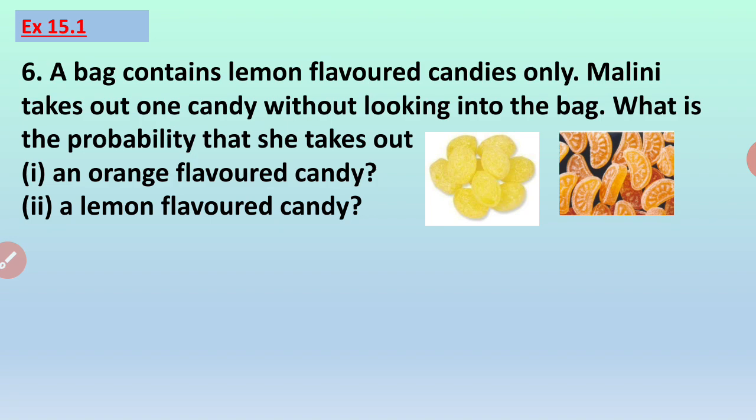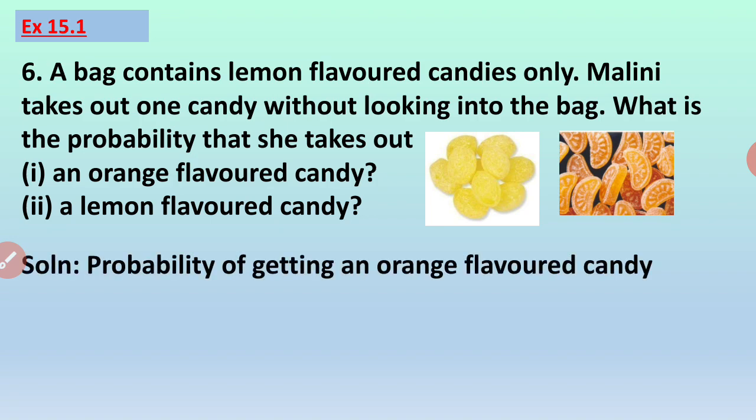That means there are no orange flavored candies. So the probability of getting an orange flavored candy will be 0, because it becomes an impossible event. The thing which is not there cannot be taken out. So it is an impossible event, and the probability of getting it is 0.